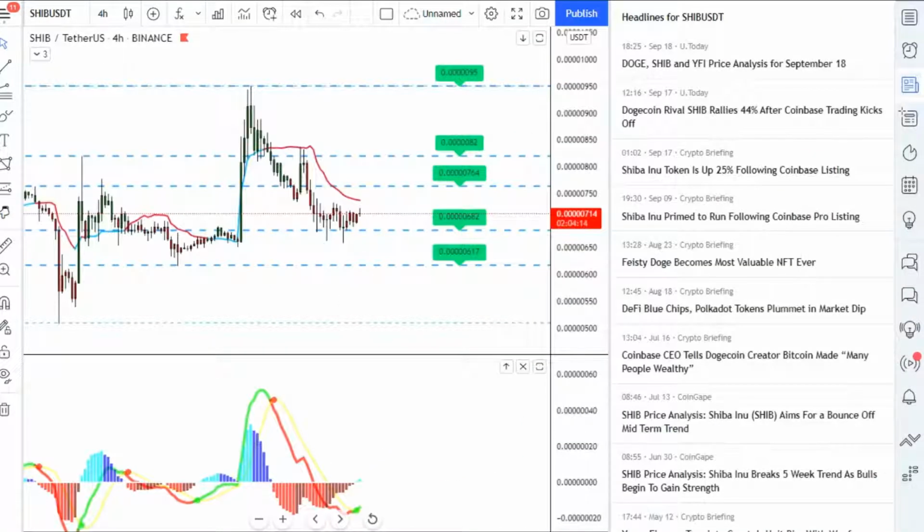Of course, it was on Binance. Dogecoin rival Shiba rallies after Coinbase trading kicks off. Okay, so it was listed on Coinbase, and that's probably why it shot up like this. So it was up 25% because it was listed on Coinbase. So basically, everybody was buying, and that's it.